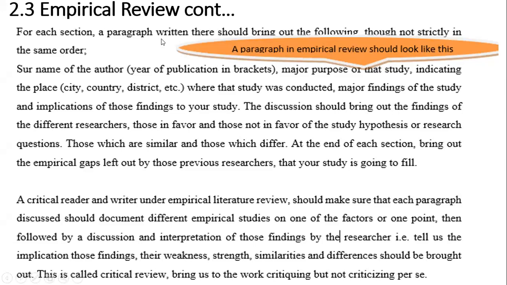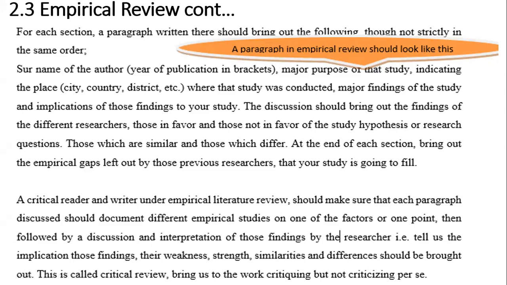And we said that when you are writing this paragraph under your empirical review, this is what you should look for. I had not talked about the sources of empirical review. The sources of empirical review may be different from the sources of conceptual and theoretical review.